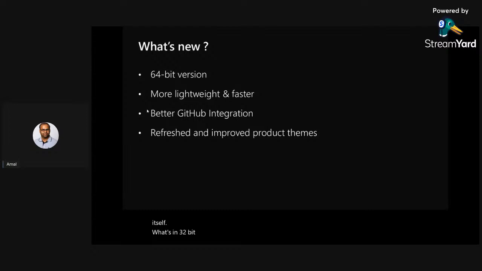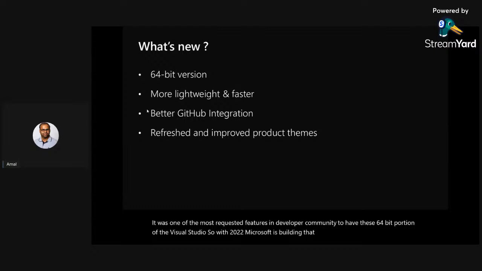It was one of the most requested features in the developer community to have the 64-bit version of Visual Studio. So with 2022, Microsoft is building that from scratch and creating a 64-bit version of Visual Studio, and they have released the preview version early last month.